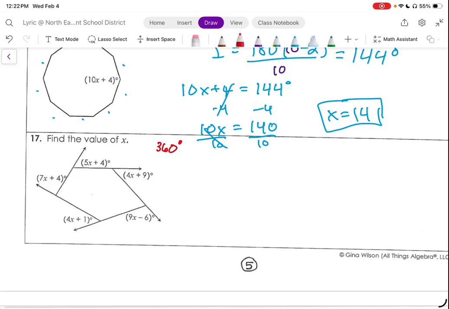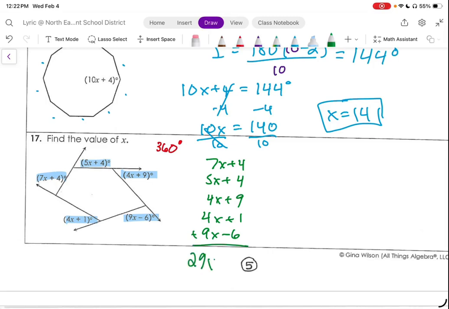So let's add up all of these expressions and set it equal to 360 and then solve for x. If I'm moving too fast for you, just pause the video.